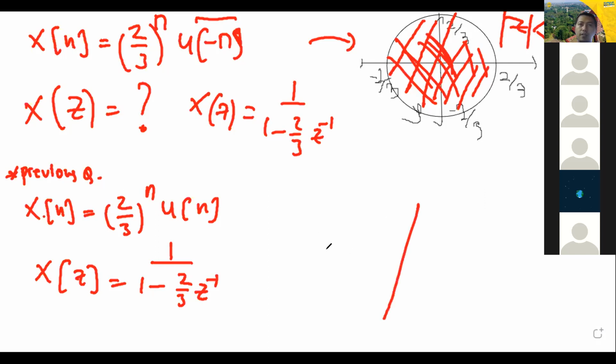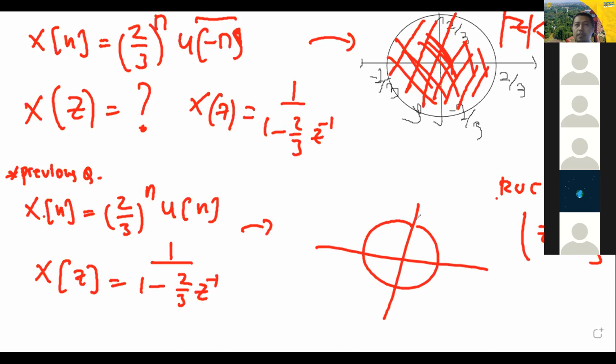Otherwise, in this one, the ROC is something like this. It's outside of the circle. That's the effect of region, I mean, whether the signal comes from the negative region or the positive region.